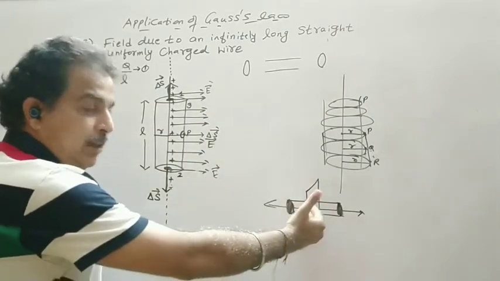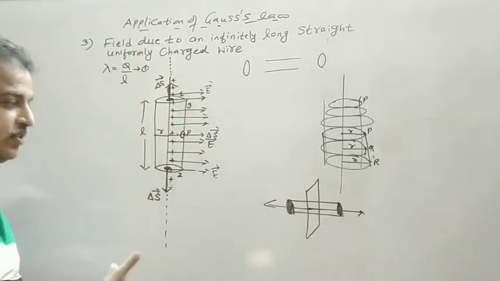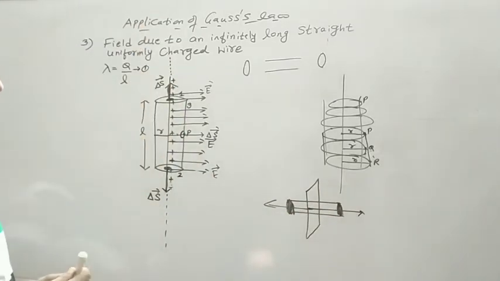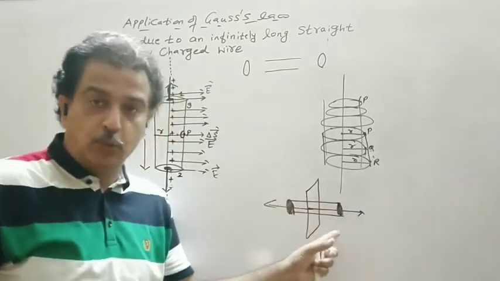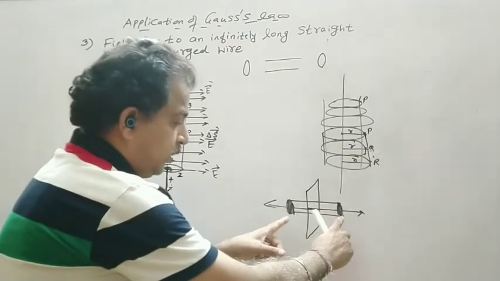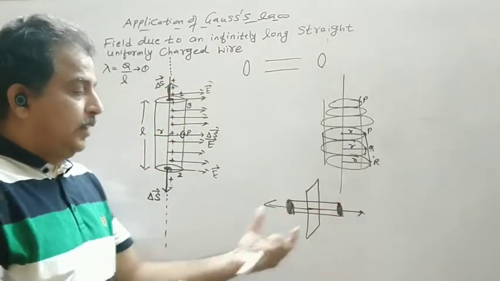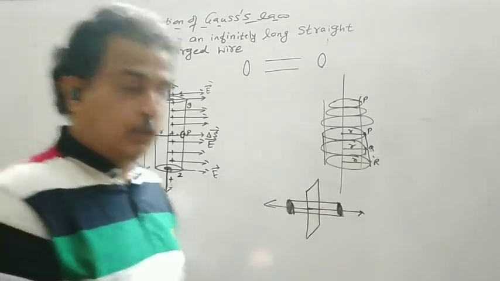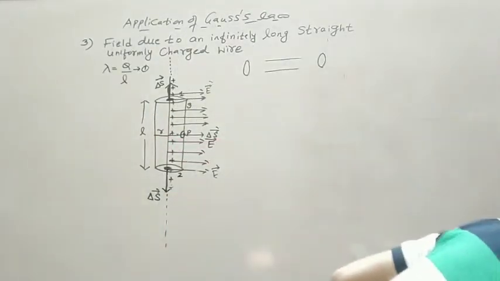There we had the surface charge density, and here we have a linear charge density. There also the field lines were coming radially outward, but the two cross sections contributed to the flux, and the curved surface contribution was 0. Here it is opposite, the cross sections will not contribute.